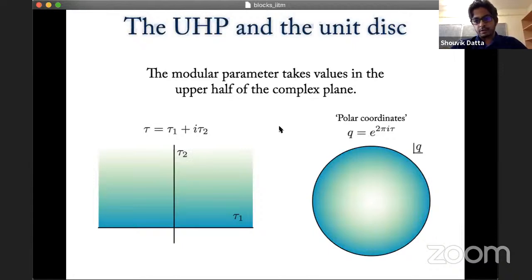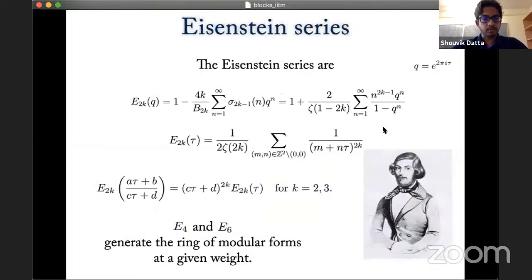So the first thing is that the modular parameter tau takes values in the upper half of the complex plane. And one can go from these Cartesian coordinates to polar coordinates and map to the unit disk within a finite region, where this q variable is e to the power 2 pi i tau.